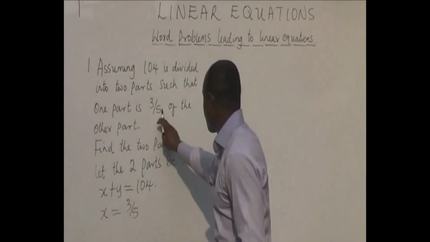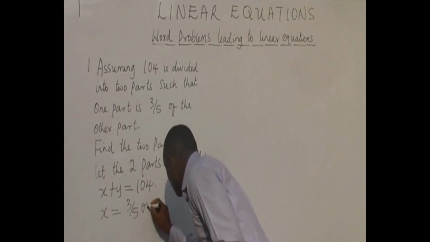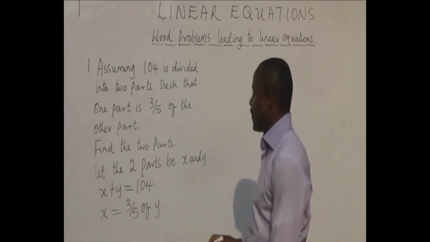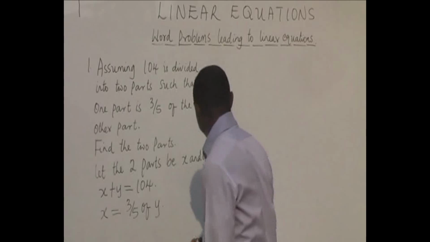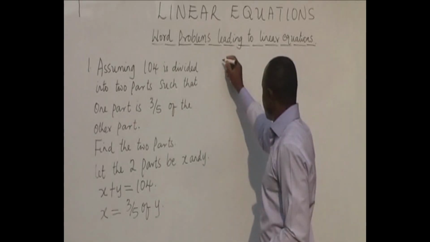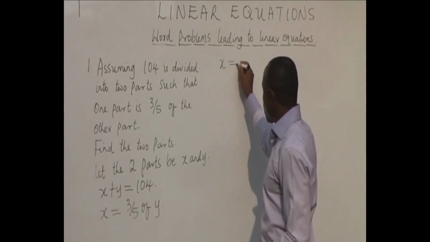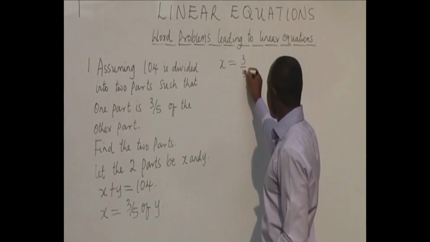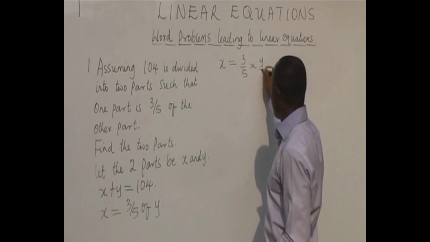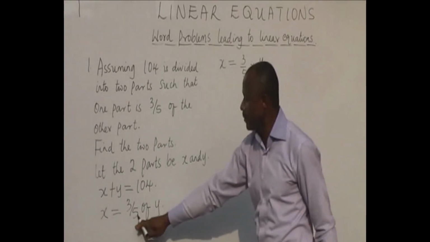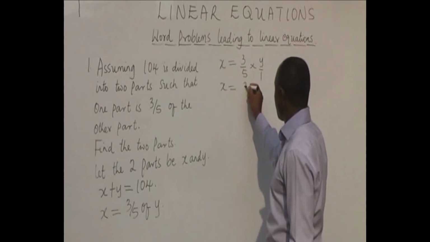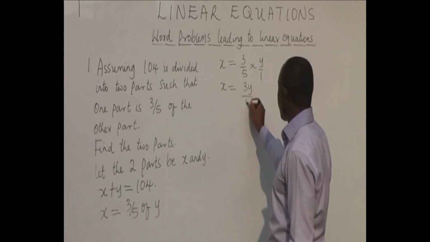Sorry, not 3/4, 3/5 of the other part, which is Y. This means X is equal to 3/5 times Y/1. That's the meaning of this. That will give you that X is equal to 3Y/5.